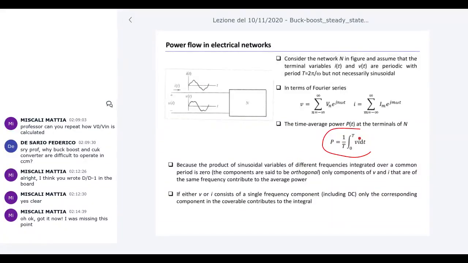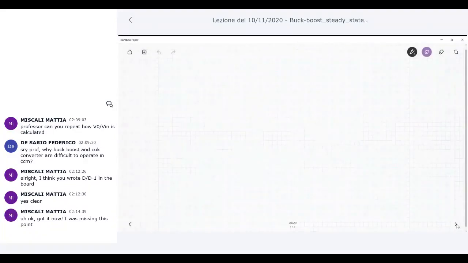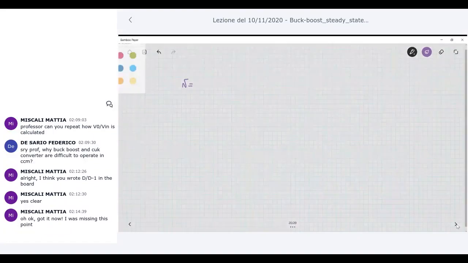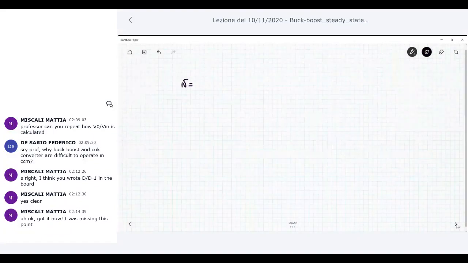Okay. If you put V and I defined in this way in this integral, what happens? Let me discuss this point sharing my whiteboard. You have that V is a summation over n of Vn e^(jnωt).